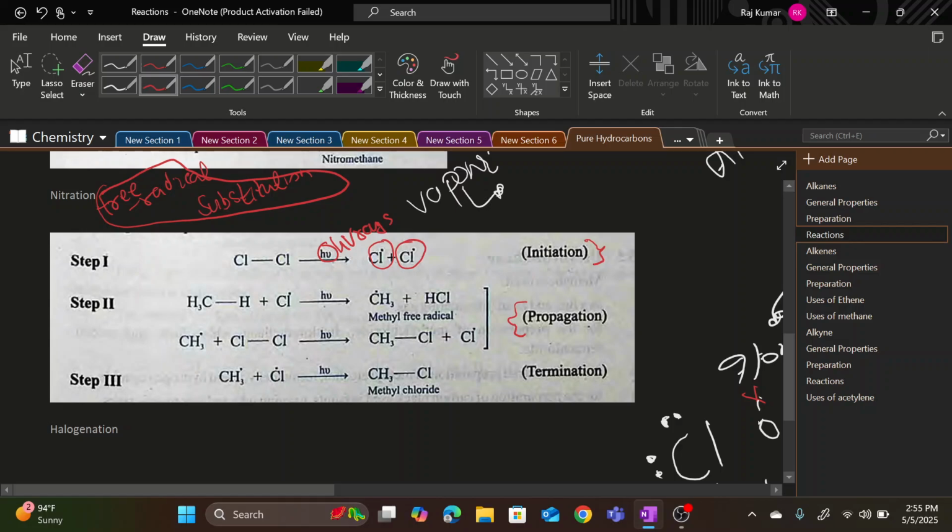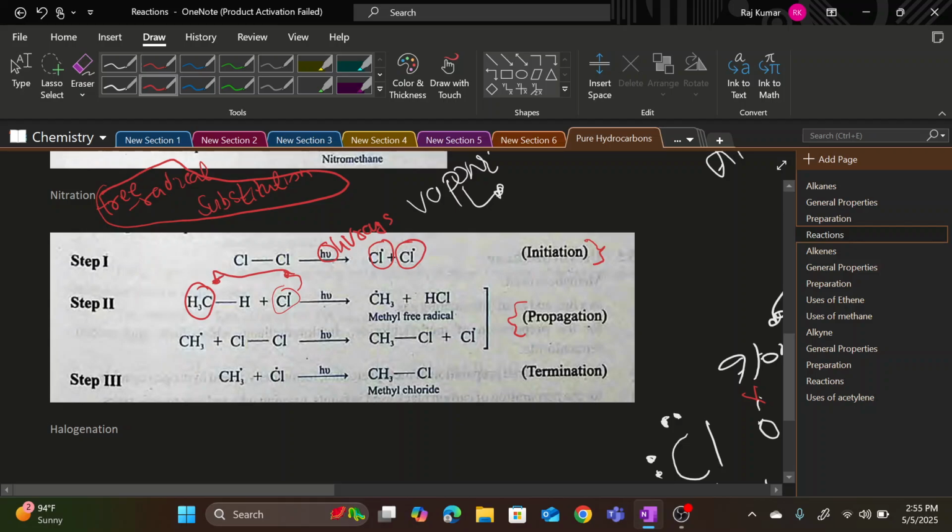Propagation generally means when you are propagating or expanding something in magnitude, right? So let's say if I take a chlorine free radical and I react it with methane, then what actually chlorine will do is, chlorine is itself unstable.